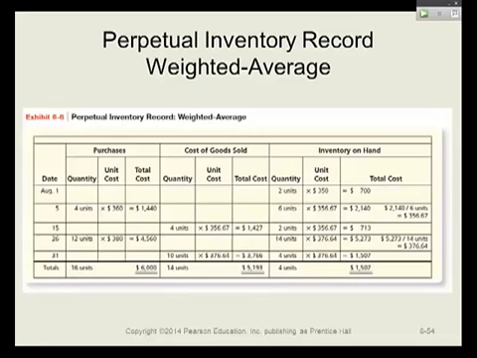I purchased the 4 units at $360, and now, if I look at my average cost, how do I get it? My average cost is the sum of the total cost in inventory. So I've got $1,440 purchased, add that to the beginning inventory, so my total cost of goods available at this point, let me come in a little closer on this one.